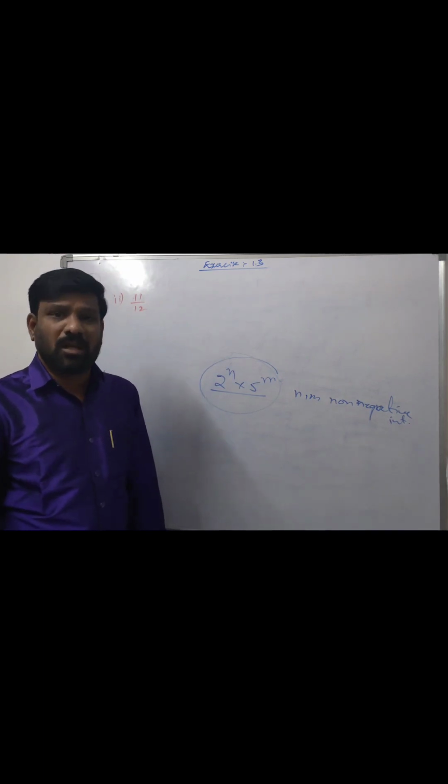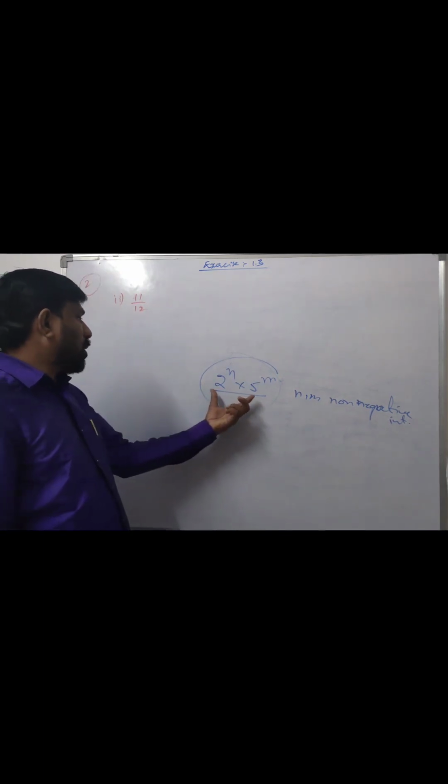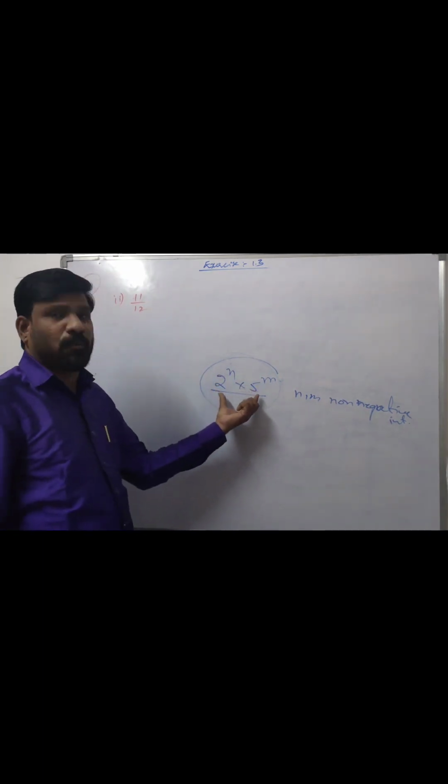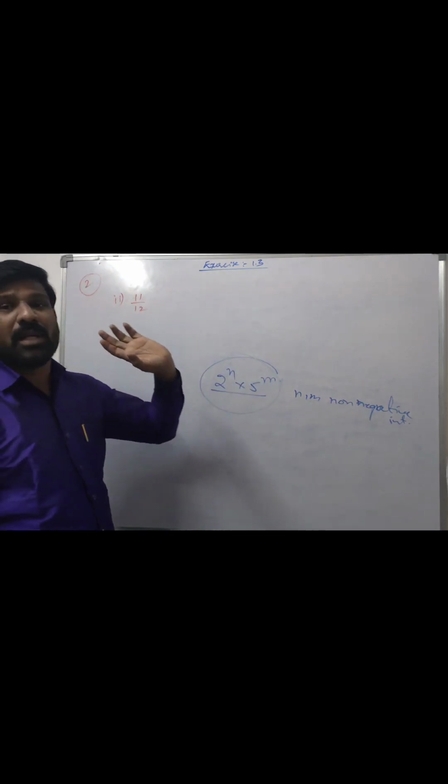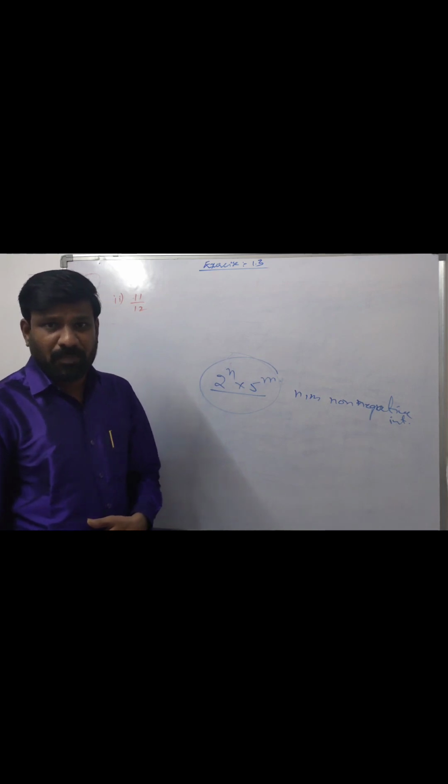If the denominator is not in this form, in that case we can say that it is a non-terminating repeating decimal.